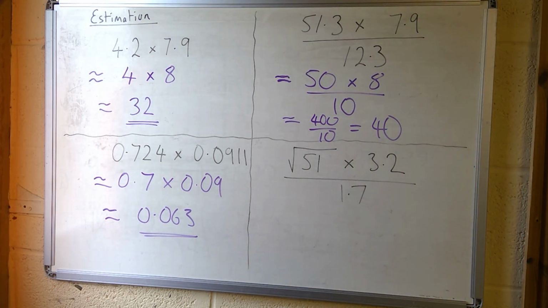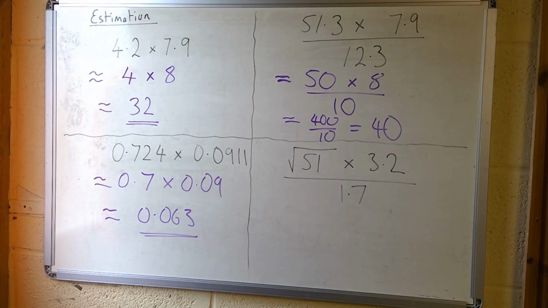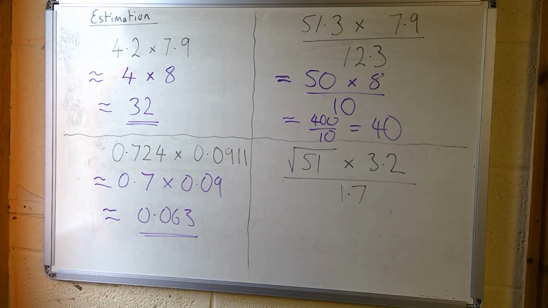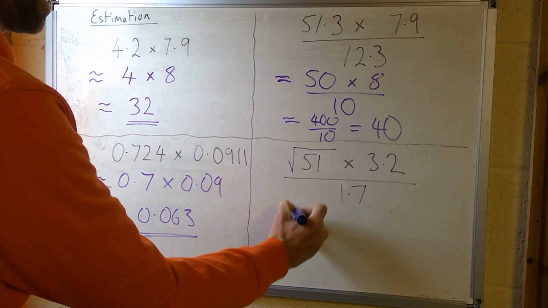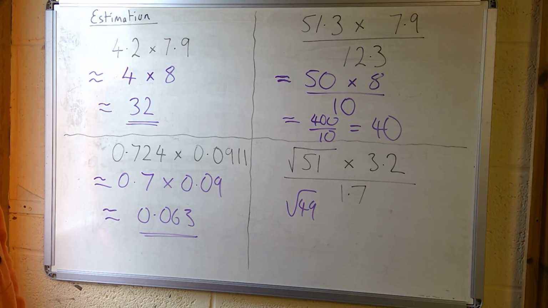The only time we may do something slightly different is maybe where we've got a square root. So if I round that to one significant figure, it would be 50. But I don't know the square root of 50, but I do know the square root of 49. So I'm going to round that one actually to 49 because I know it's got a whole number square root.